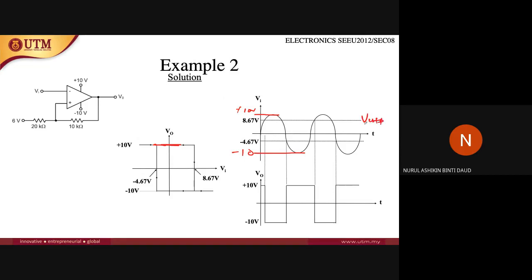And so this is going to be the VUTP. This is going to be the reference voltage. Now the reference voltage is VUTP for the upper trigger. For the lower trigger, we're going to have VLTP.